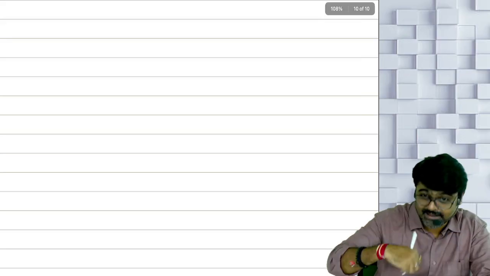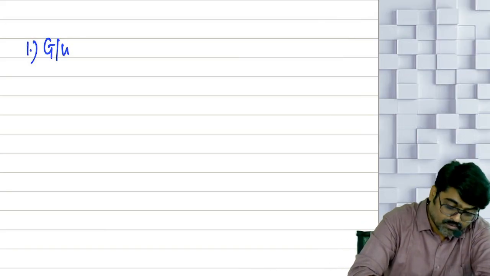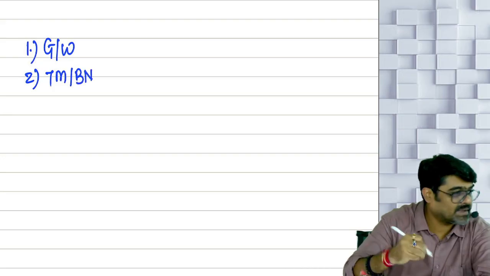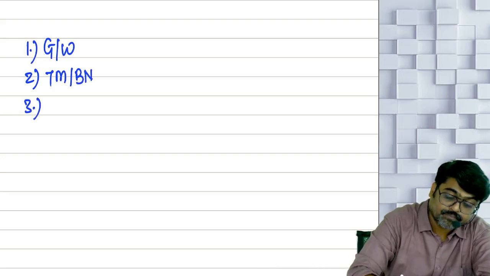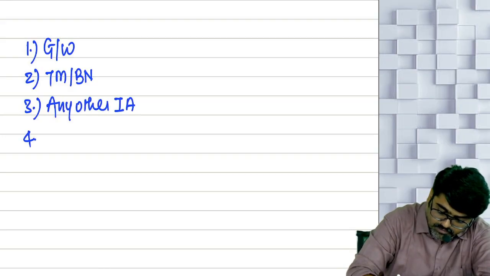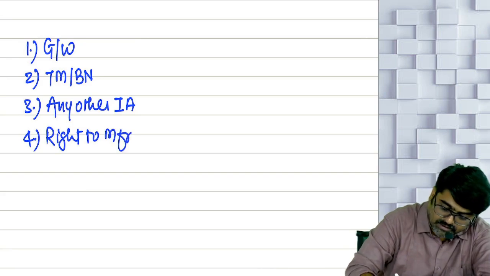What you understand, I will see now. Number 1, which asset? Tell me. Goodwill of any business or profession. Number 2, trademark or brand name of any business or profession. Number 3, any other intangible asset. Number 4, right to manufacture.